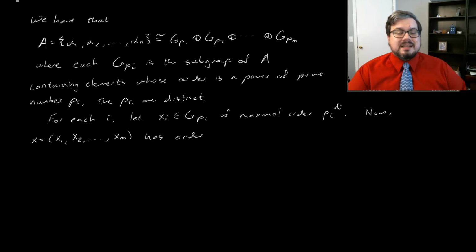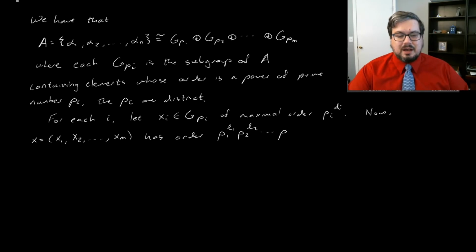The least common multiple of things without any common factors is just the product of all of them. So it has order p1 to the d1, p2 to the d2, up through pm to the dm. I'm writing down L's where I mean D's. And I want to call this L.